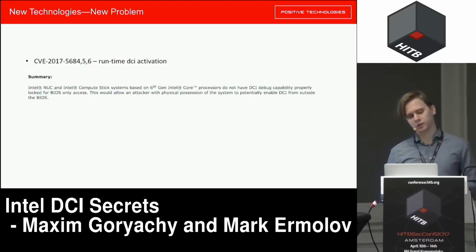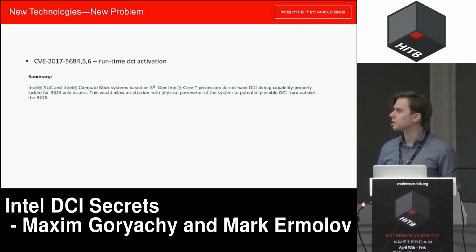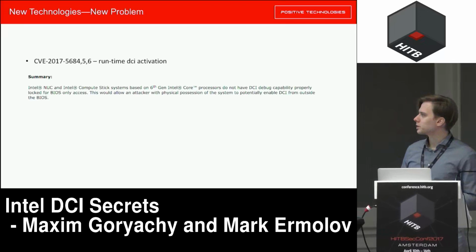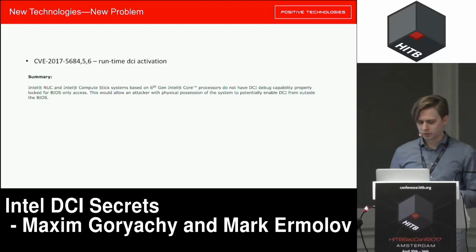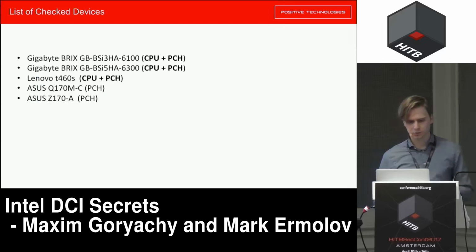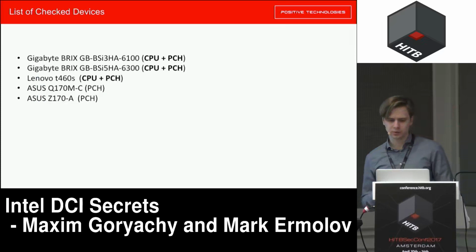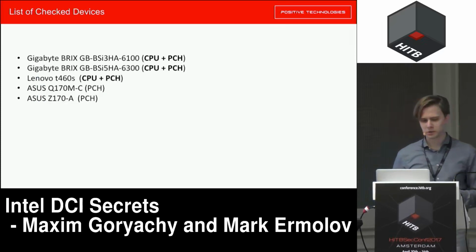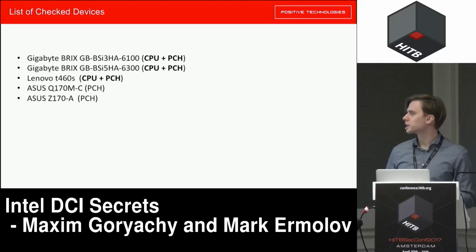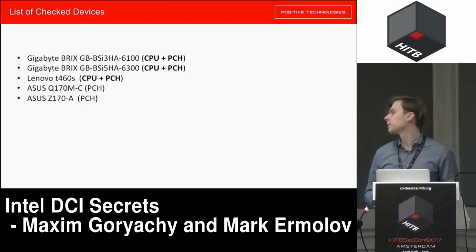As you can see, Intel published a security bulletin, and Lenovo published one too. On this slide you can see the list of checked devices which we used in our work: Gigabyte, Brix, and Asus mainboards.